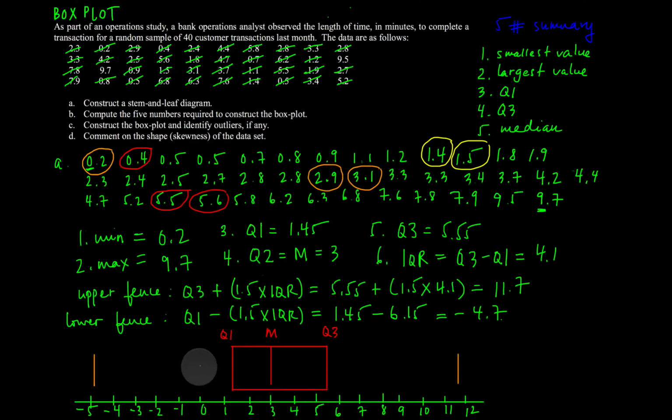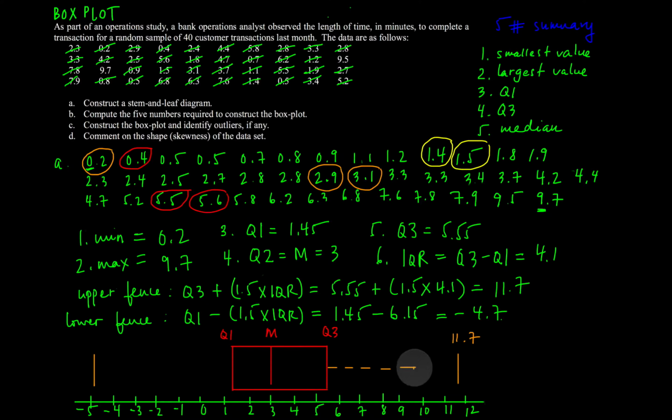The whiskers go, and this is important, so pay attention, until the last data point before you reach the fence. So what do I mean by that? I know that my upper fence here is at 11.7. What is the last data point before hitting the fence? It's going to be my last data point, which is 9.7, right? So right over here at 9.7, my whiskers are going to go until there. So let's just go ahead and draw these.